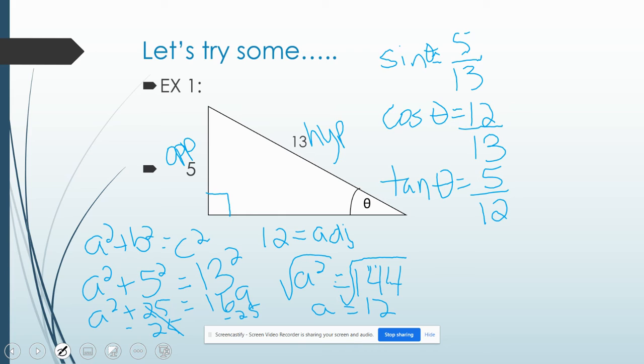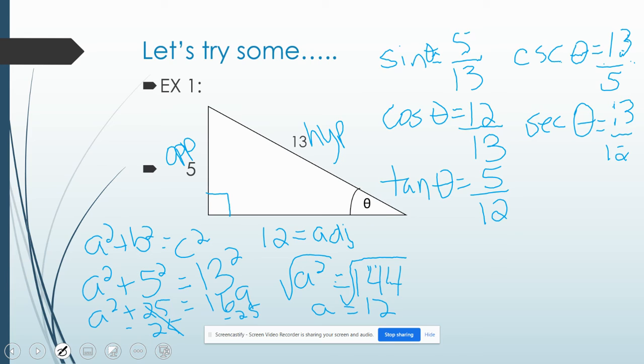Now that I know those three, I can go do my reciprocal functions. Cosecant. Cosecant of theta, take that fraction and flip it upside down. So it's 13 over 5. Secant of theta, take this fraction, flip it upside down.